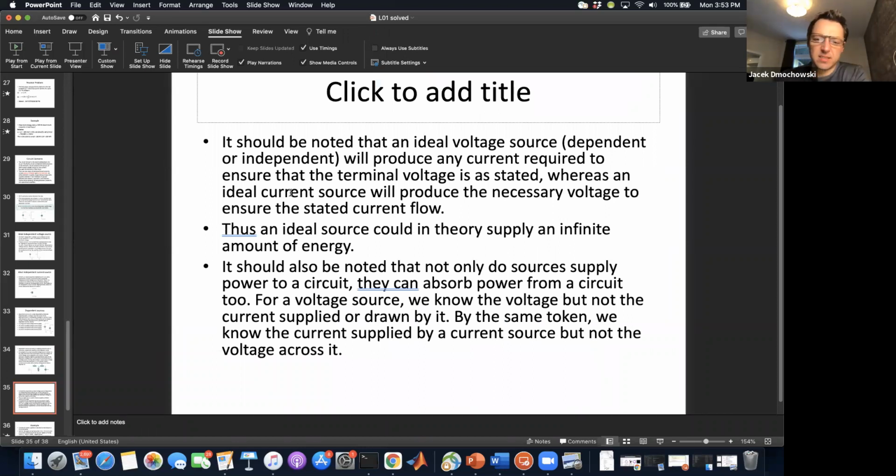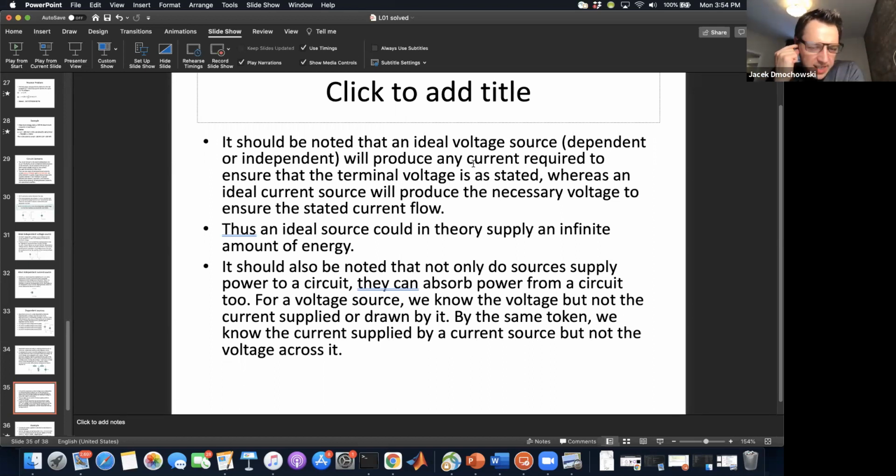Okay, so there are a couple more subtle points. A voltage source will vary the current flowing through it to generate a desired voltage level. On the other hand, a current source will vary the voltage in order to produce the desired current.